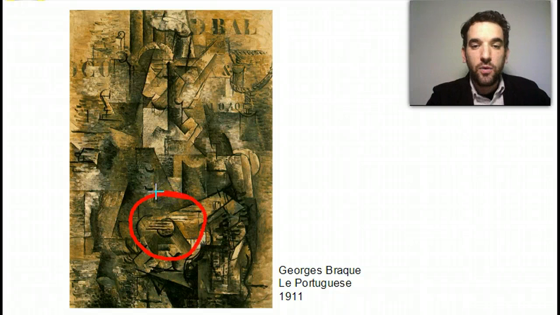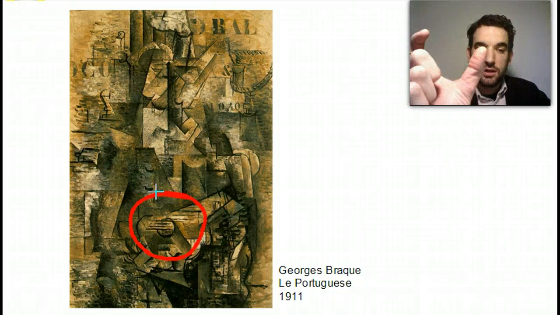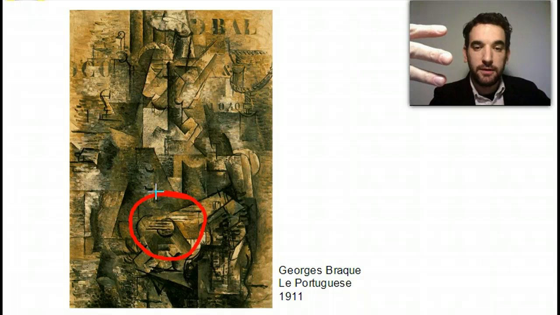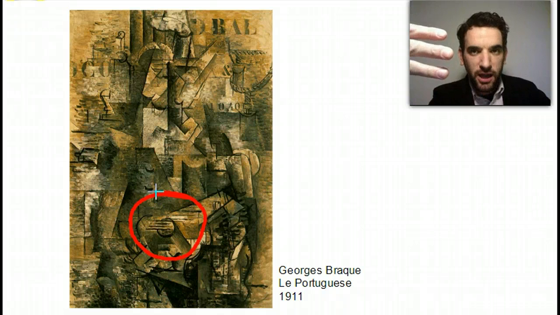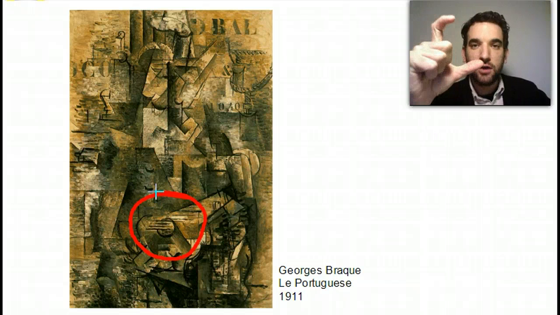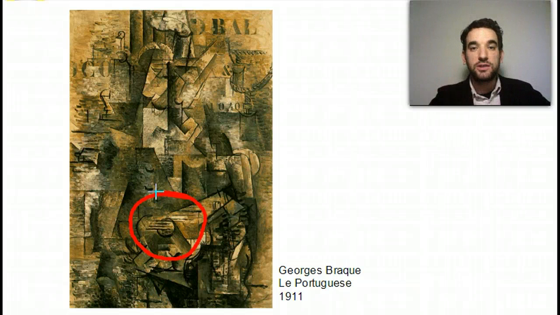Right here, we have a circle with some lines going through it. That's very similar in shape, although it's very simplified and very abstracted, to the sound hole and the strings on a guitar. So Braque is looking at a man playing the guitar, and he's giving you certain aspects of the information about what he's seeing so that you can ascertain what he's actually painting here.